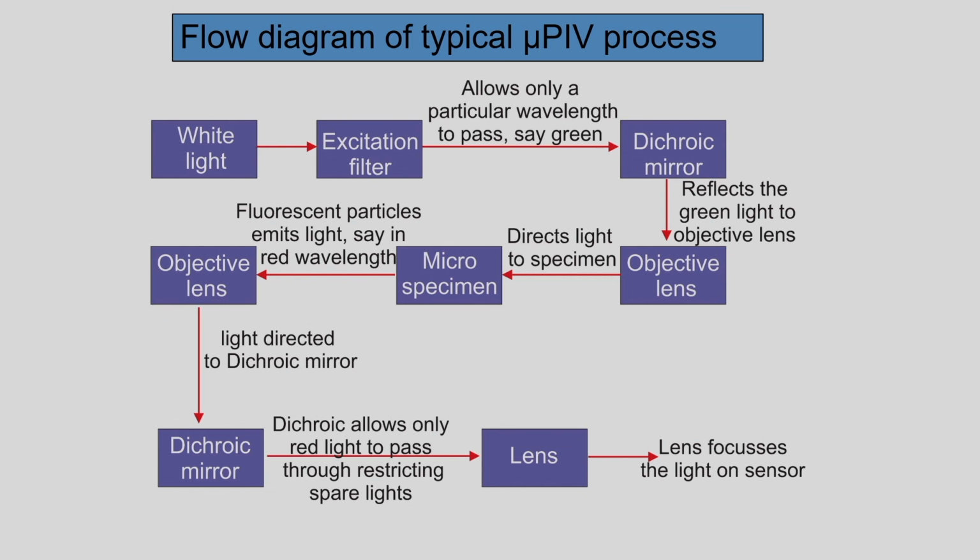if the light source is not a laser, because a laser is very costly. If the source of light for the investigation is a laser, then we will get monochromatic light, and for that we do not require this excitation filter. But this is not always the case, because a laser is very costly, and if we use white light, then the light is taken into an excitation filter.